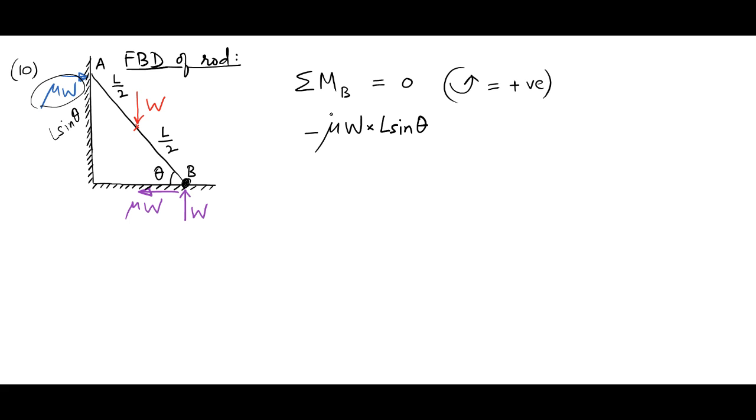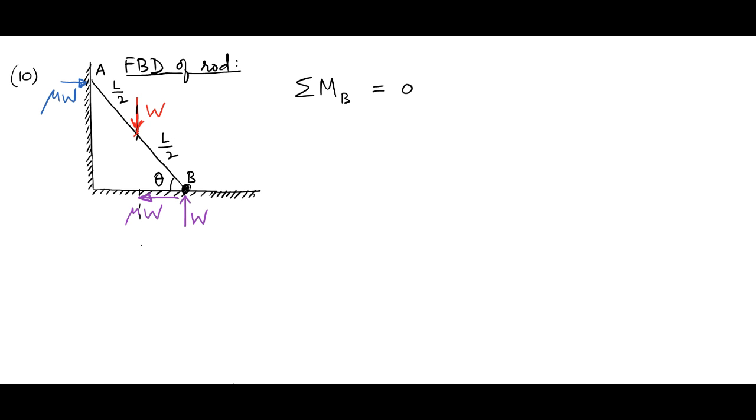Once again, mu W is the magnitude of the force and L sine theta is the perpendicular distance, and this minus sign we have attached because we know that the moment in this case is clockwise, and our convention in this problem is anticlockwise is positive. So that's the moment due to the first force.